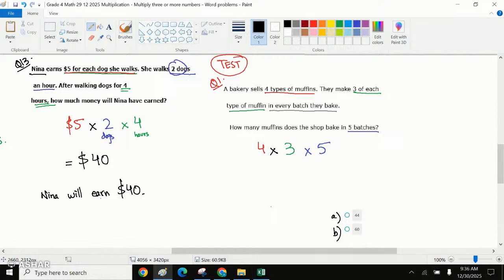See, 4 multiplied by 3 is 12, times 5. 12 times 5 should be 60. Thank you, May. That should be 60.